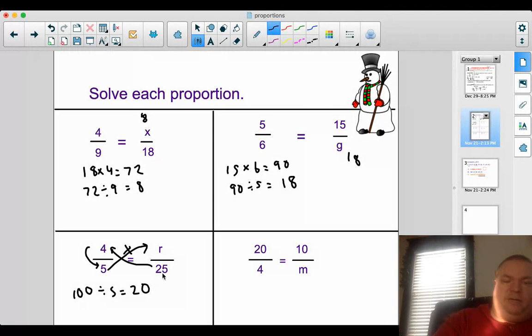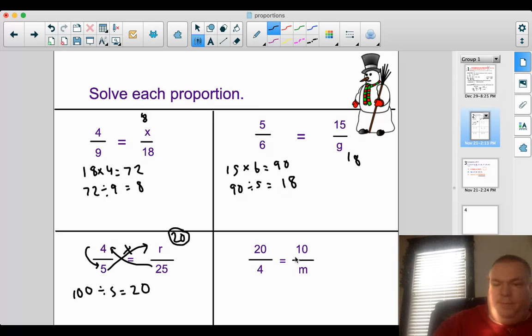See how we're starting with the number by the variable, going diagonally across, then dividing by the last number to get what I'm looking for. So R should be equal to 20. 4/5 is the same as 20 over 25. Again, recognize 5 times 5 is 25, and 4 times 5 is, in fact, 20.